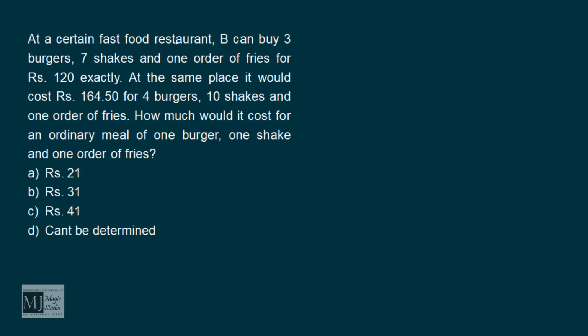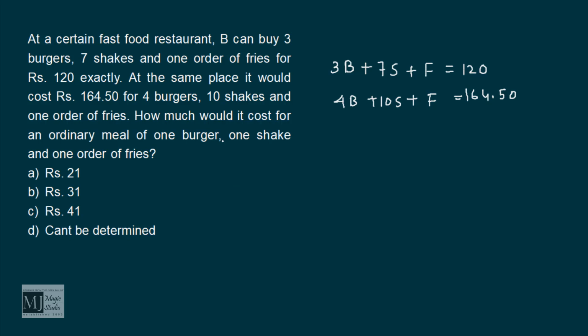At a certain fast food restaurant, B can buy 3 burgers and 7 shakes and 1 order of fries for rupees 120 exactly. At the same place, it would cost rupees 164.50 for 4 burgers, 10 milkshakes and 1 order of fries.